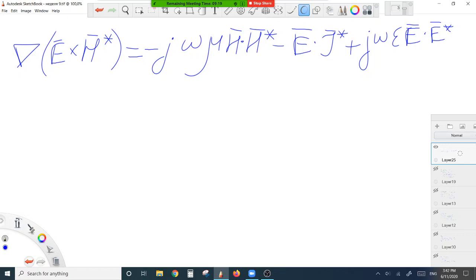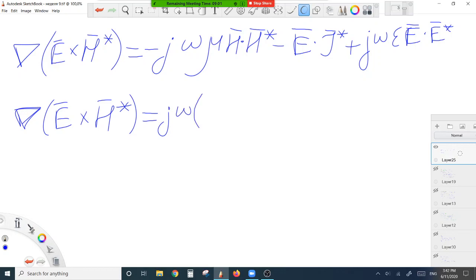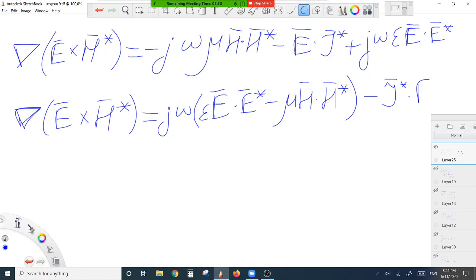And if we rearrange the terms, so E cross H, and if we factor out j omega, we have epsilon E dot E complex conjugate minus mu H dot H complex conjugate, and minus E multiplied by J conjugate.